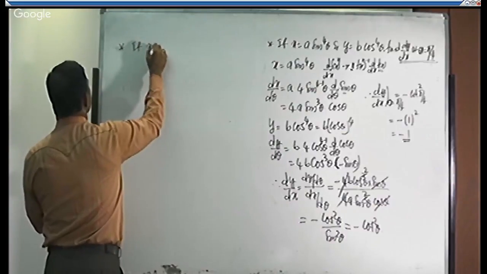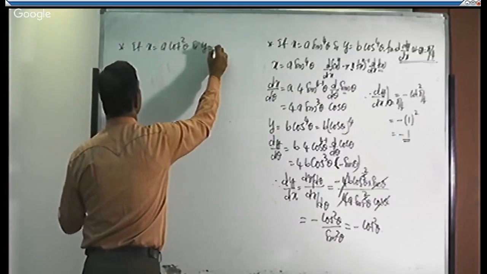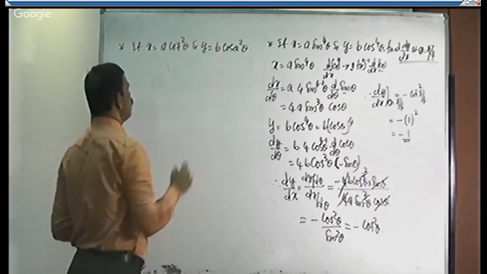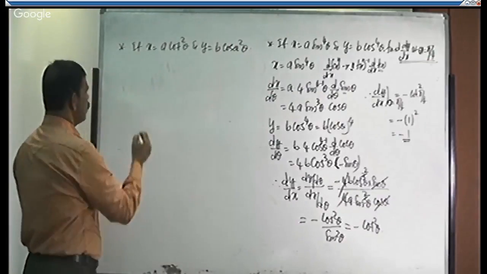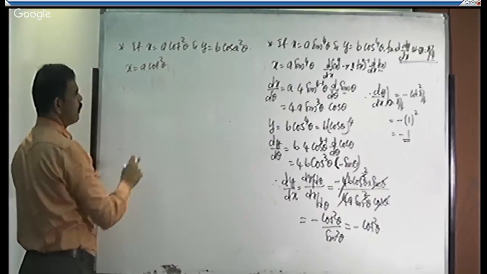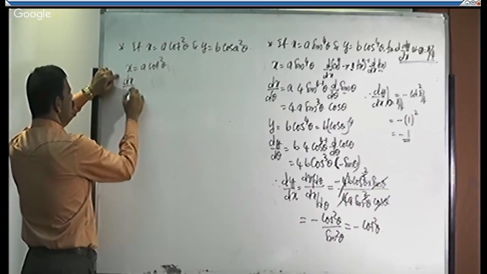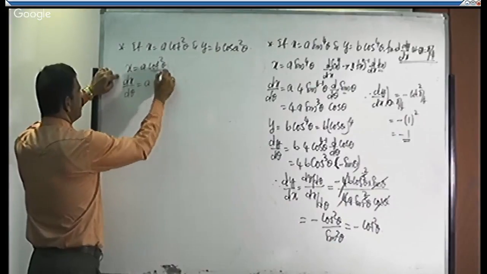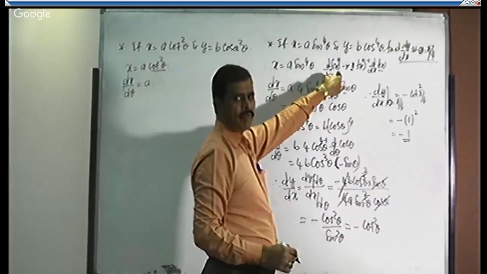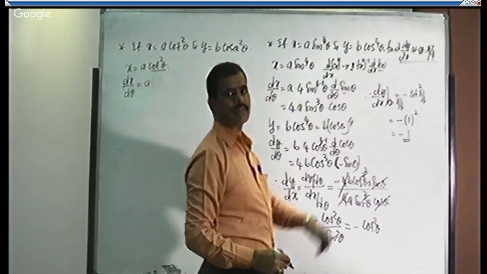If x is equal to a into cot square theta and y is equal to b into cosecant square theta, get dy by dx. Take x and y separately and differentiate them. So the same procedure we have to follow here. dx by d theta is equal to a into cot theta whole square. Means use this formula: function to the power of n is n into function to the power of n minus 1 into d by dx of the function.